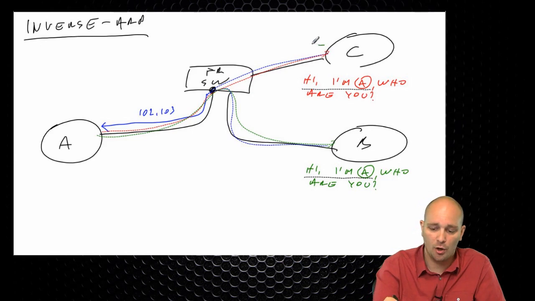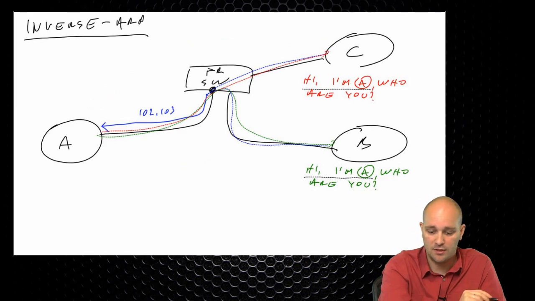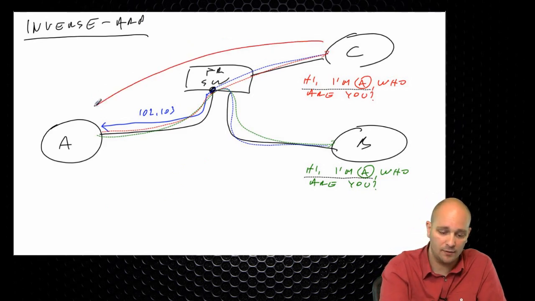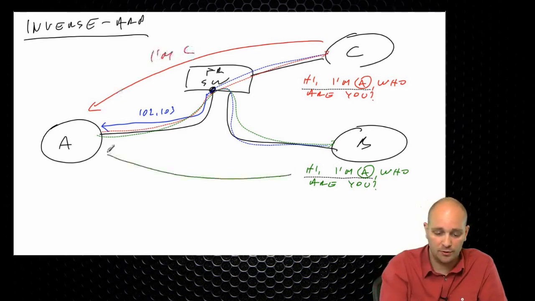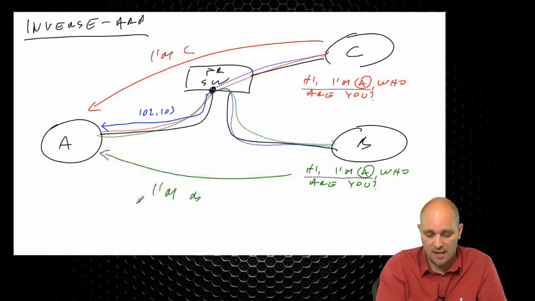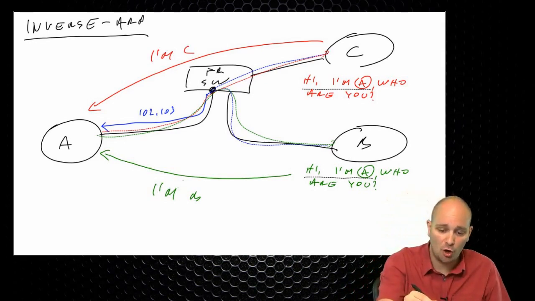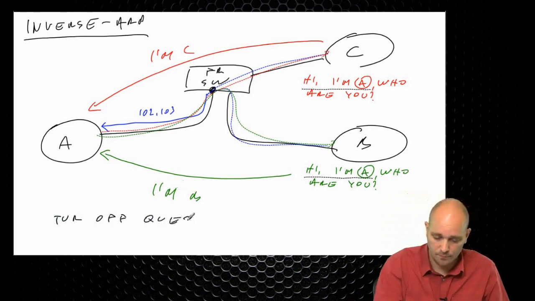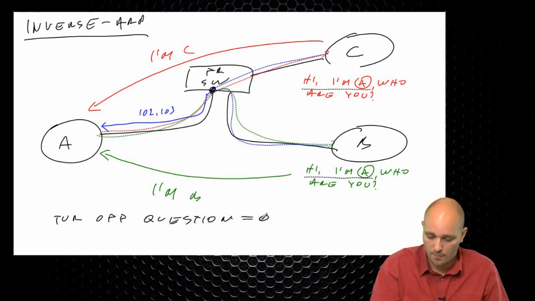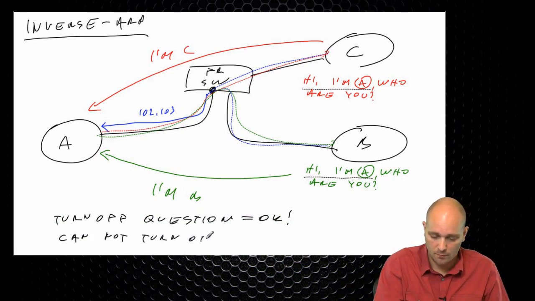So C here will always respond back saying, okay, I'm C, and B here is always going to respond with I'm B. Now, when you talk about inverse ARP, it's important to understand that we can turn off the question, but you cannot turn off the answer.